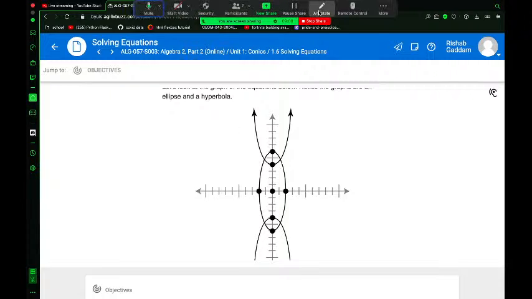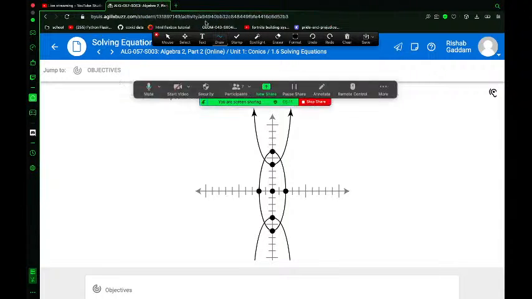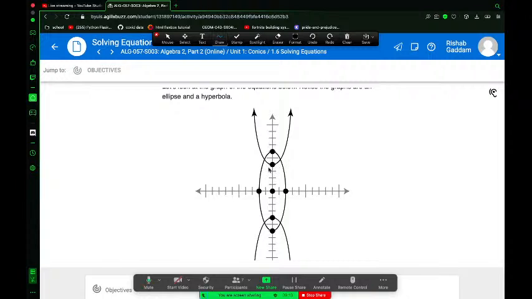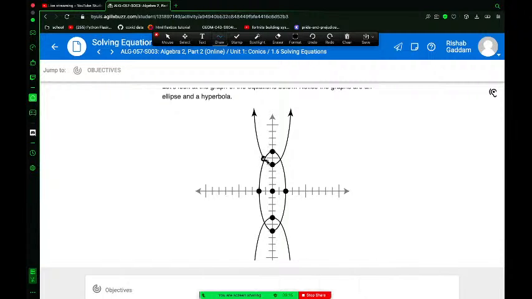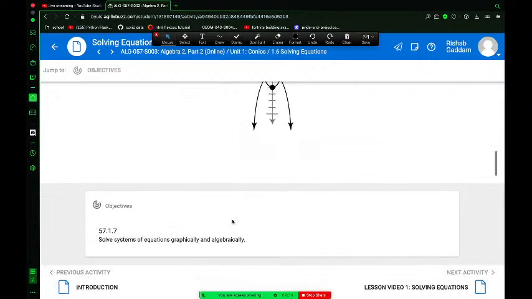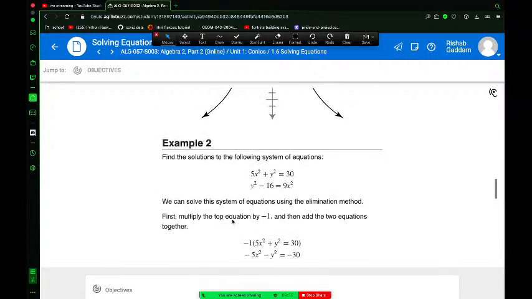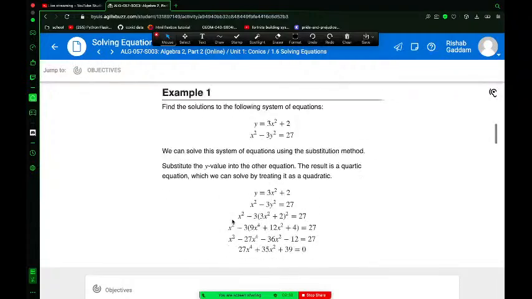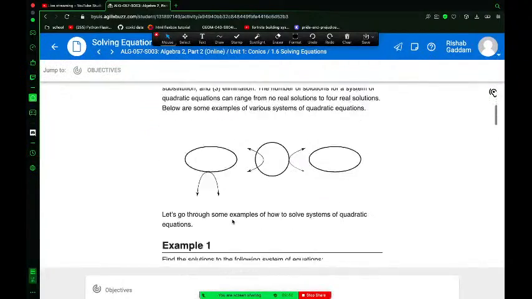So if I get my drawing tool, there's one solution right here, another right here, another right here, and another right here. There's a solution wherever one graph intersects another. So that's how you can solve equations by graphing, but there are lots of other ways to do it, not only one way.